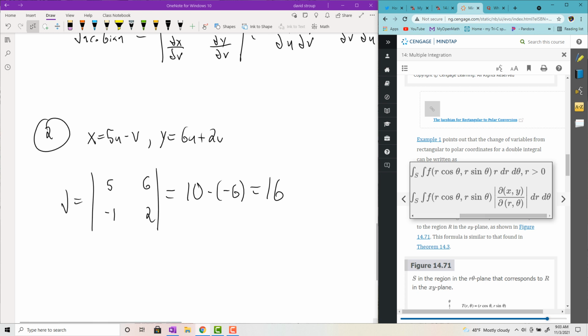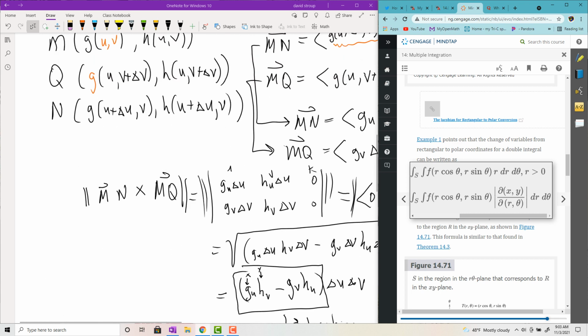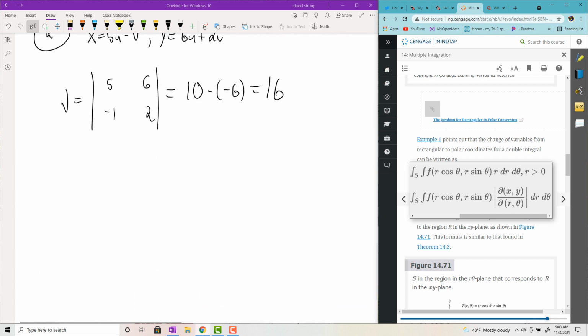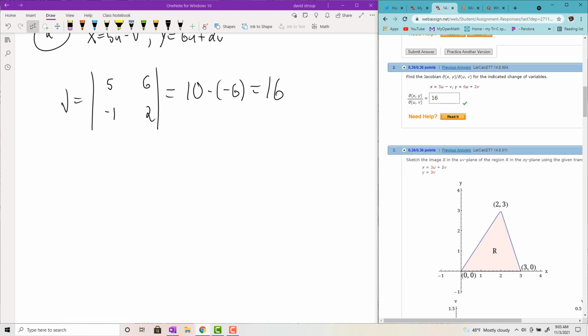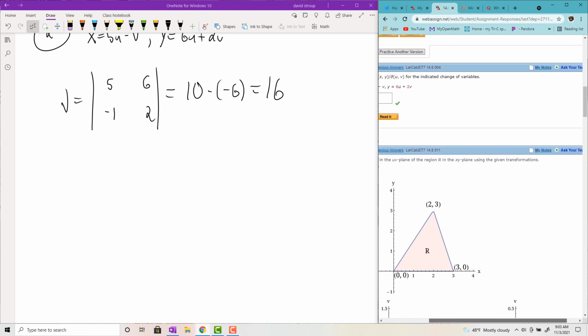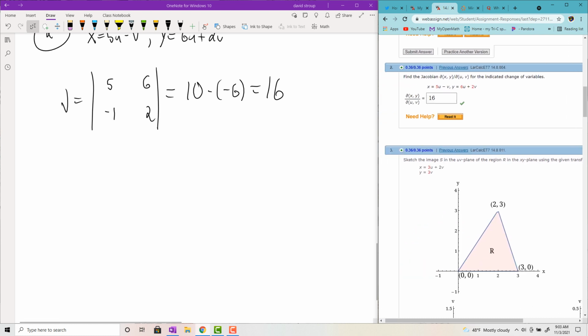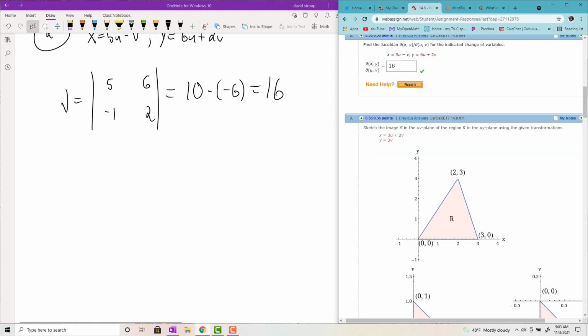So yes, it has an absolute value around it when you put it into the formula, but the Jacobian itself is the thing inside the absolute value. So see number 1, it can be negative. It's just when you go to put it in your integral, it's always going to be positive. All right, so anyways, let's take a look at number 3, where we're sketching this thing out.